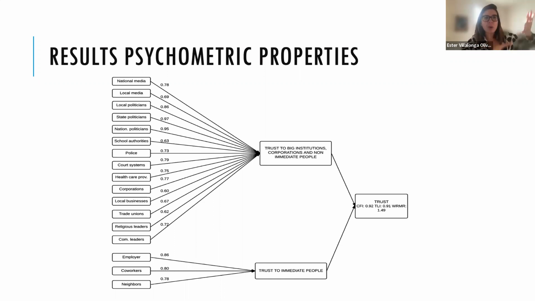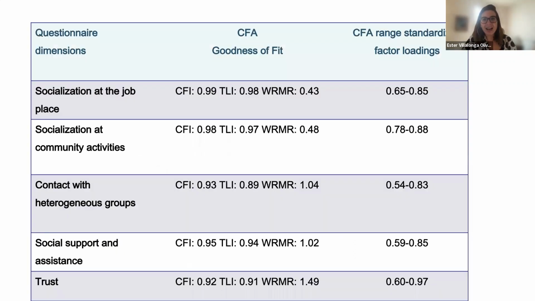That's why the CFA was telling me, okay, you have to separate them. They are measuring different things. Here is just a summary of the results of the CFA. You check if the goodness of fit is good and if you don't have residuals, to not reject the model.